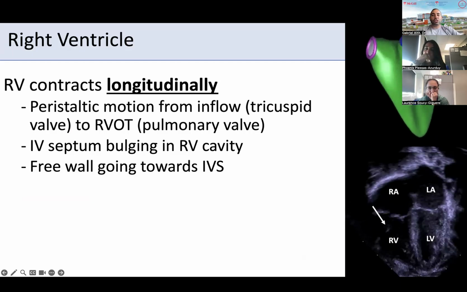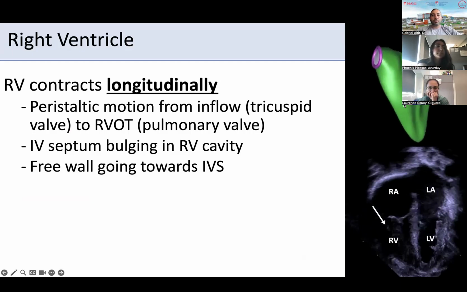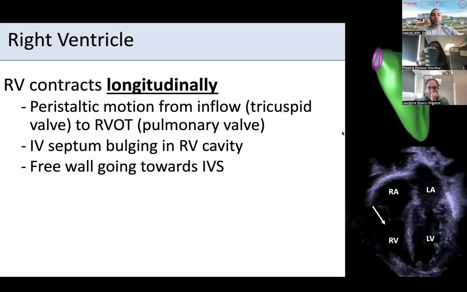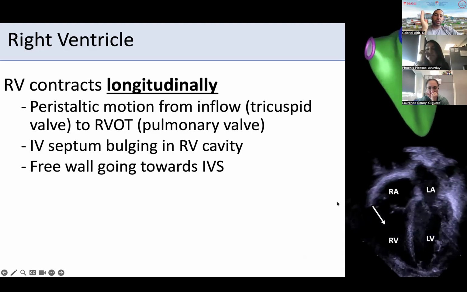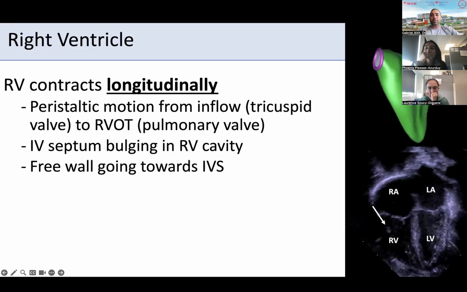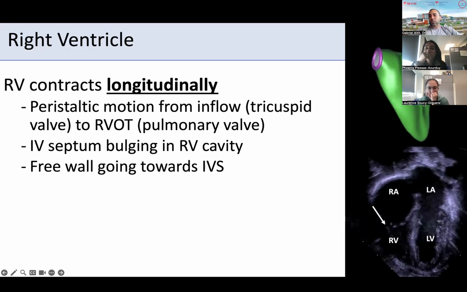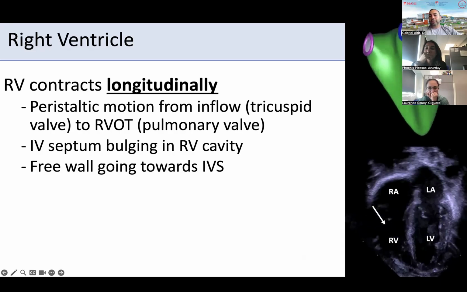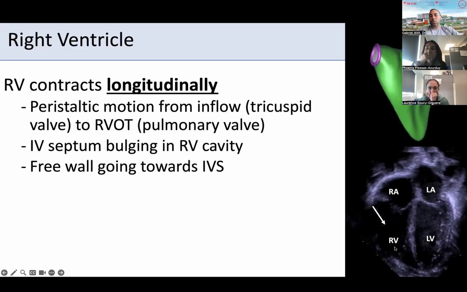Remember I told you this wall, which is represented here, has a lot of contraction towards the inside. Then you also get a portion of septal bulging within the cavity of the RV. You also have the free wall, which is the other side that contracts towards the inside of the cavity. This wall is actually the most posterior wall, not really the free wall we see here.